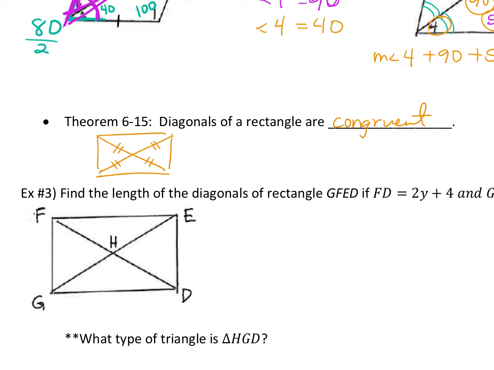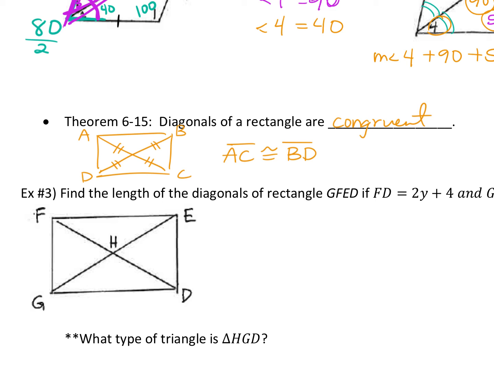So yes, the diagonals are bisected, but more specifically, they're all the same length now. So that's going to be our setup. So we would say like A, B, C, and D. Segment AC, the whole thing, is congruent to segment BD. Okay, the diagonals of a rectangle have to be congruent.